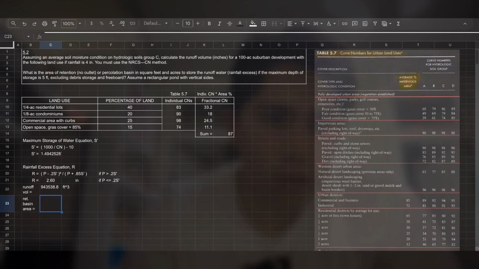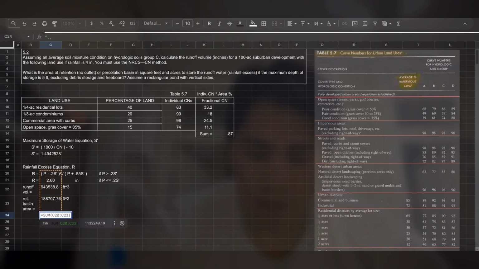It's going to be equal to the volume divided by the depth, which is 5, in square feet.